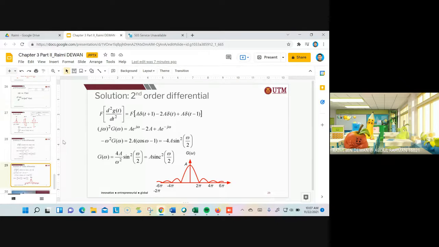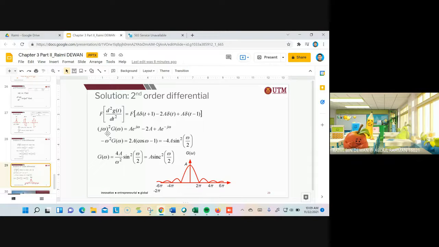Do you guys remember what j is equal to? Yes, it's an imaginary number, but what is the value of j if you want to convert it?